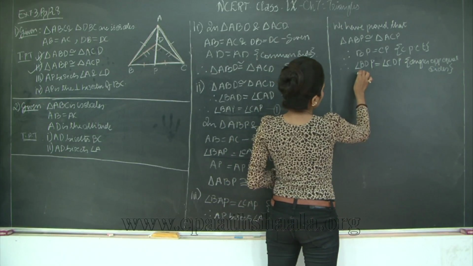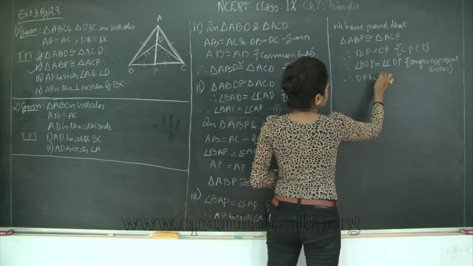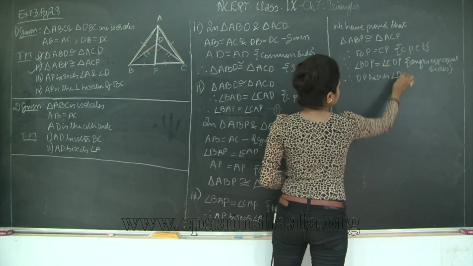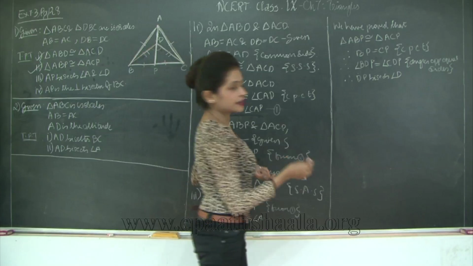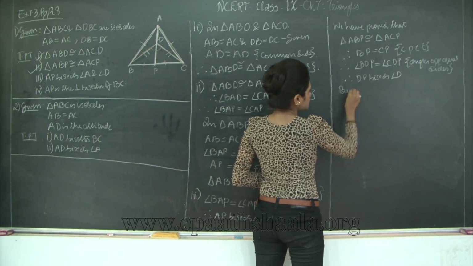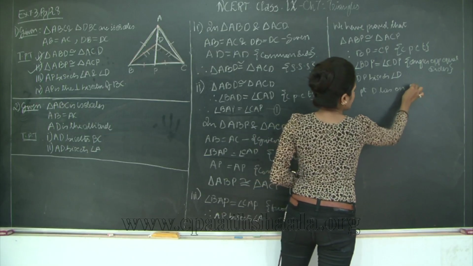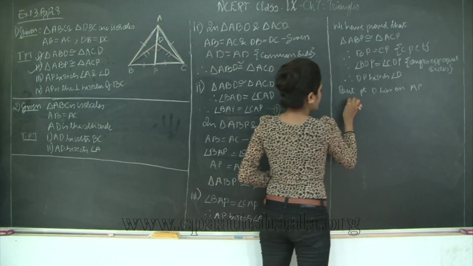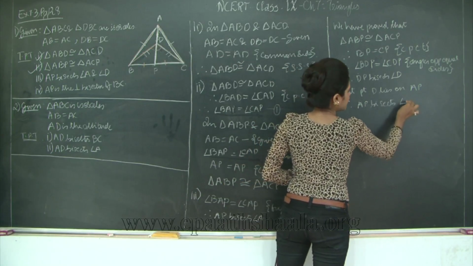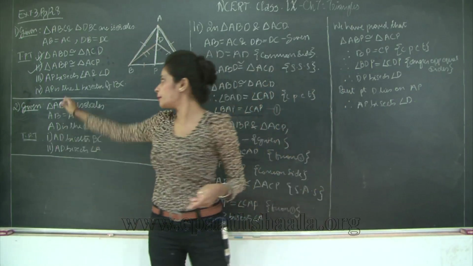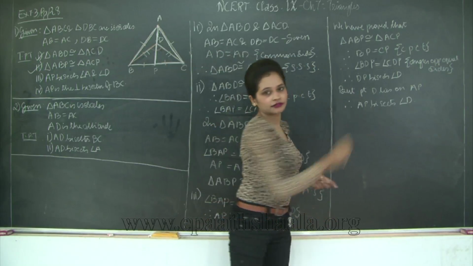That DP bisects angle D. But D lies on the line segment AP. Therefore, what can I say? But point D lies on AP. Therefore, AP bisects angle D. So, we have proved the third part, which is AP bisects angle A and AP bisects angle D, right?